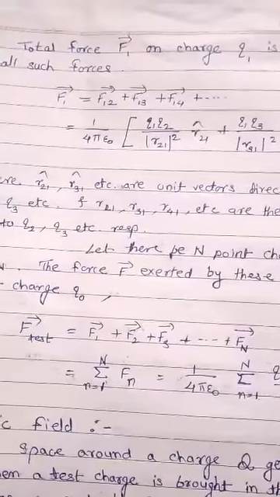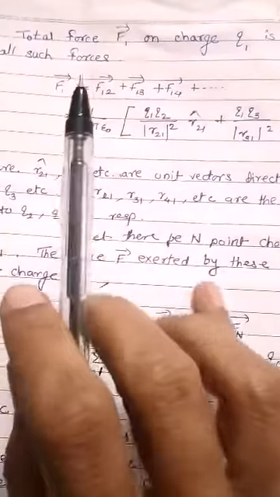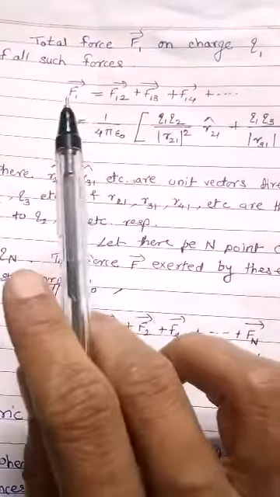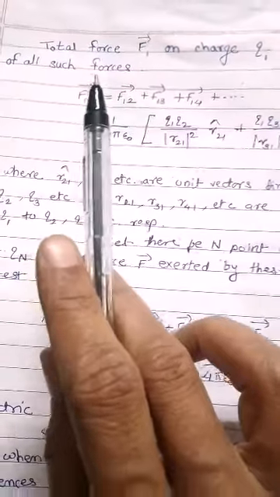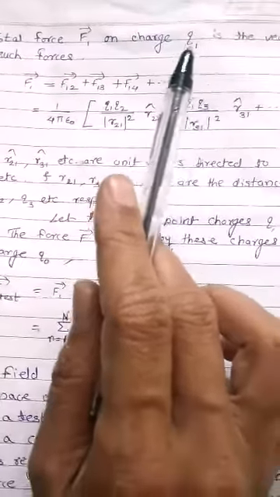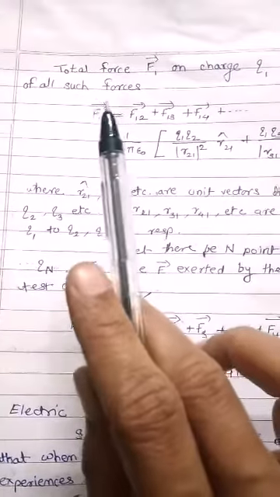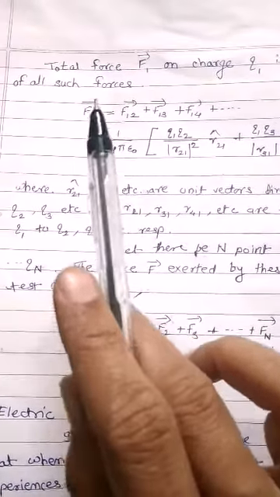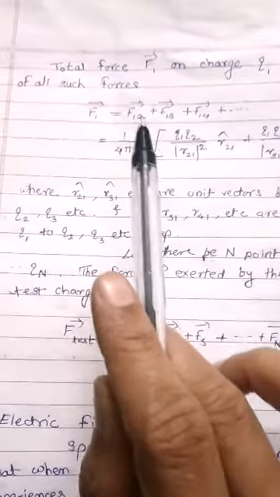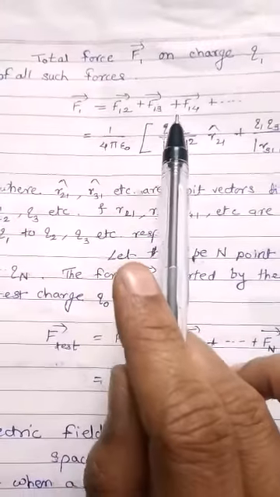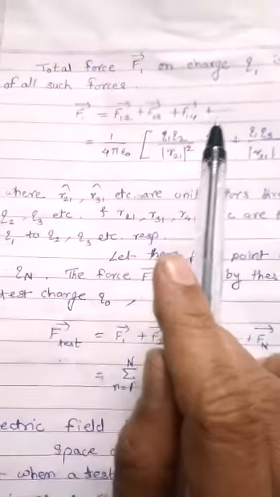By the principle of superposition, we add the forces. The total force F1 on charge Q1 is the vector sum of all such forces: F1 vector is equal to F12 plus F13 plus F14 and so on.